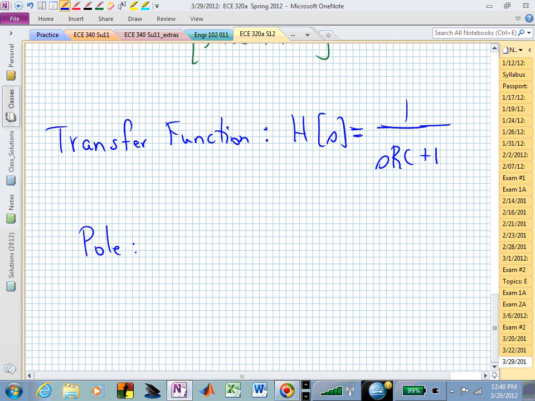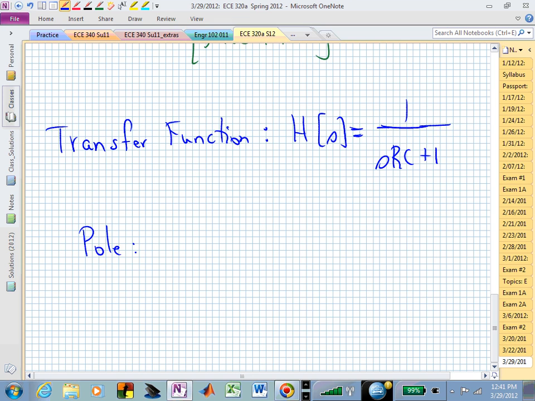And how many poles do I have in this transfer function? What's the power of s? I look for the highest power of s in the denominator of my transfer function, and that's going to tell me the number of poles that I have, whether I have real poles or complex poles. You can only have complex or real poles. There's not a whole lot of variation downstairs. So if you have complex poles, you know where those are at. If you have real poles, you know those are on the real axis in the complex s-plane.